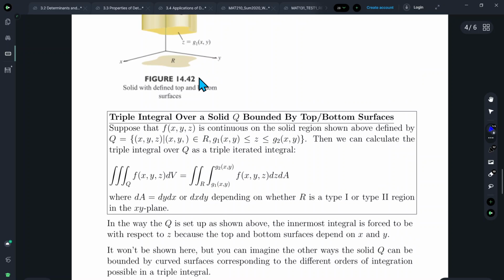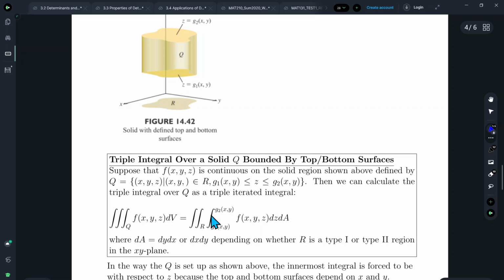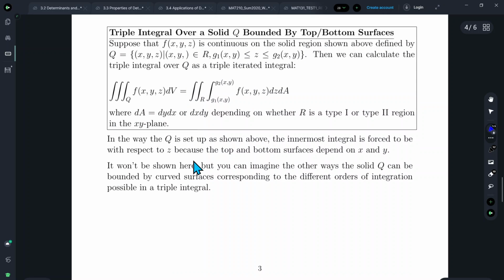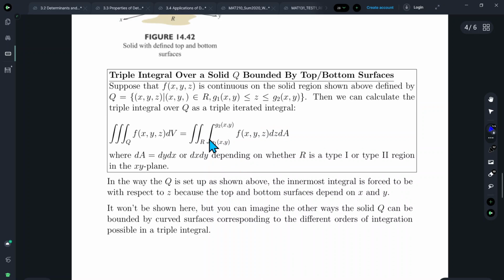And you can have different orders of integration if the solid region Q is set up differently, right? So it could be bounded front and back, or it could be bounded left and right. And then the ordering of the integration would be different, but to keep things short, we only describe top and bottom surfaces.